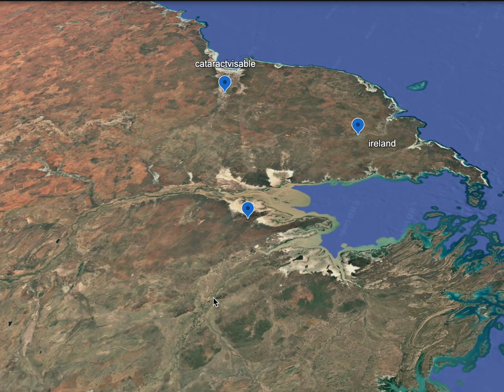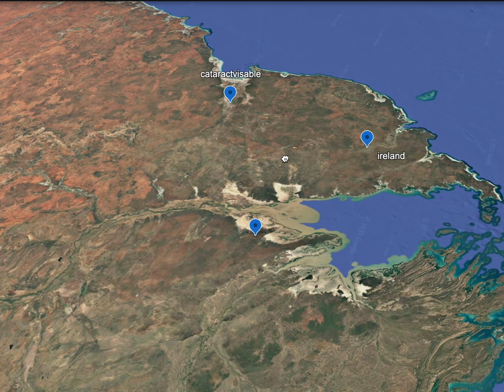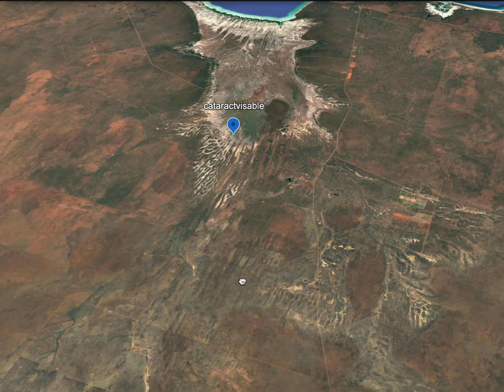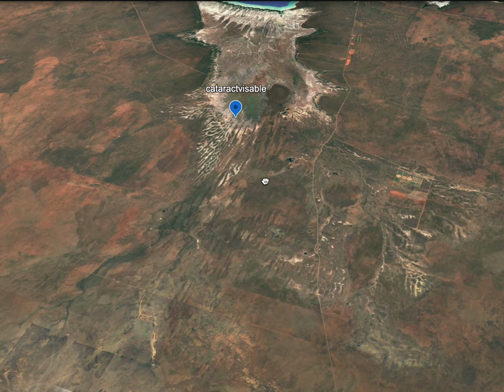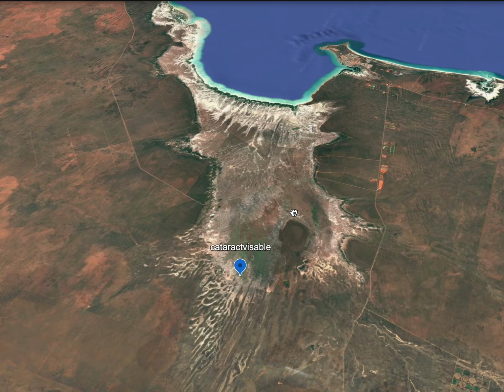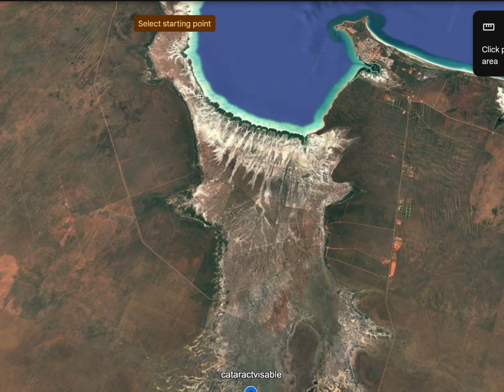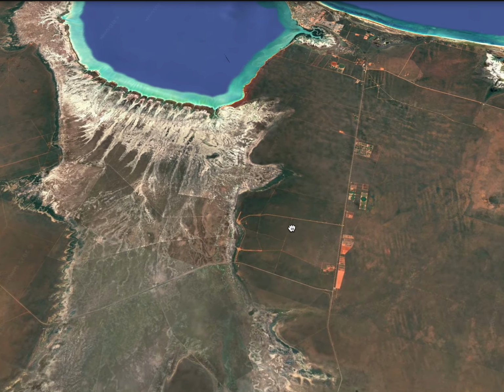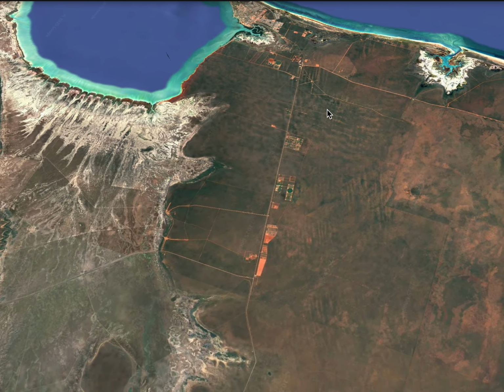So we got the drumlins coming through here. This means the drumlins are also coming straight through here, leading right into this river channel. 8.5, not bad. Look right over here. Here's the drumlins.